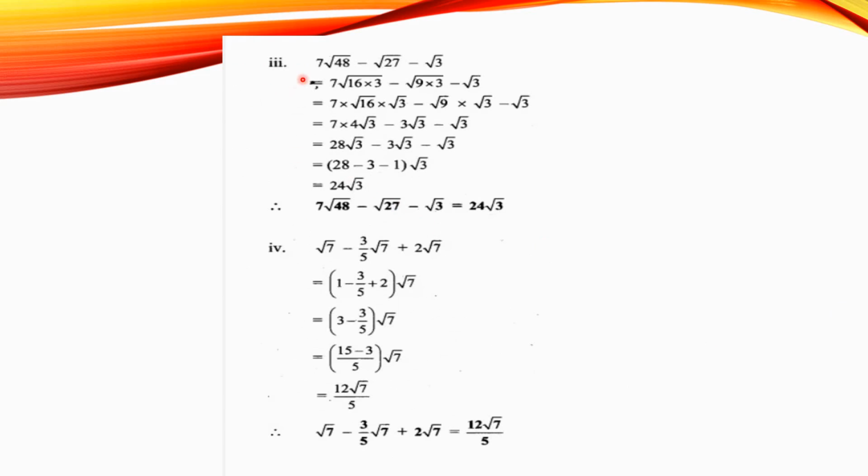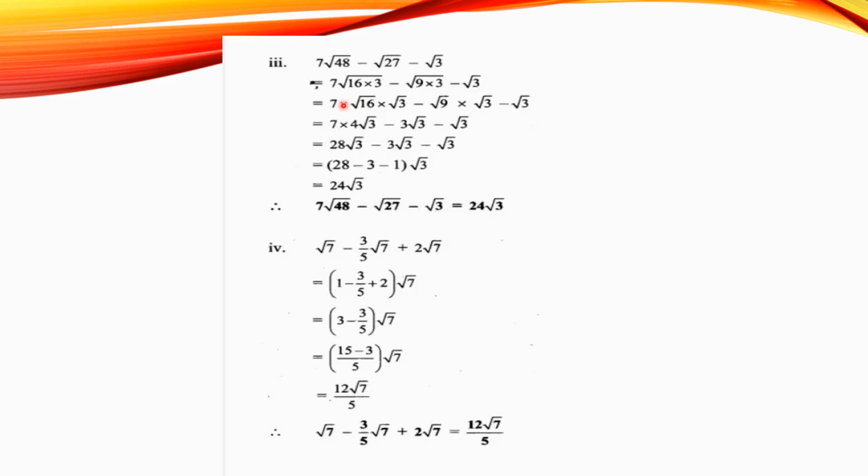Question number 3. 7 root 48 minus root of 27 minus root of 3. Now, when we factorize 48, we get 7 root 16 into 3, minus 27 can be written as square root of 9 into 3, and the last number is root of 3.